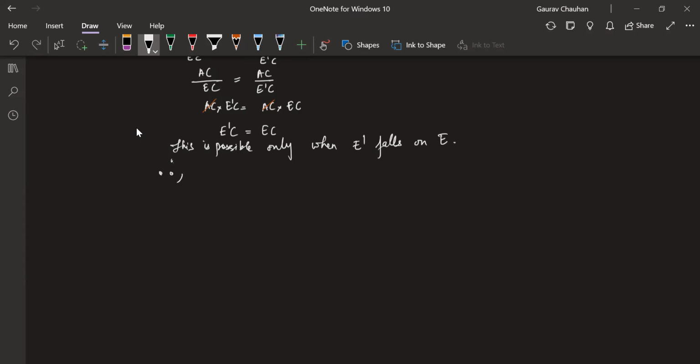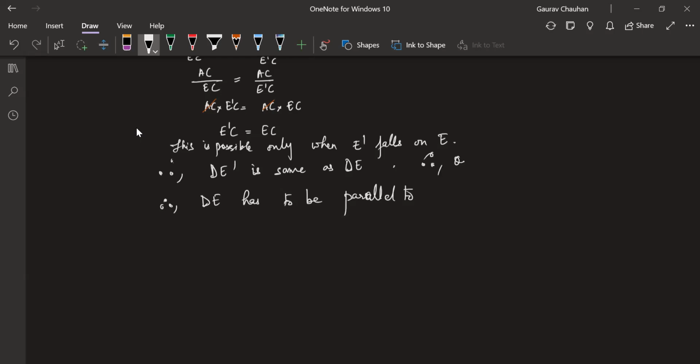Therefore, DE dash is same as DE. Therefore, DE has to be parallel to BC, which means therefore our assumption is wrong.